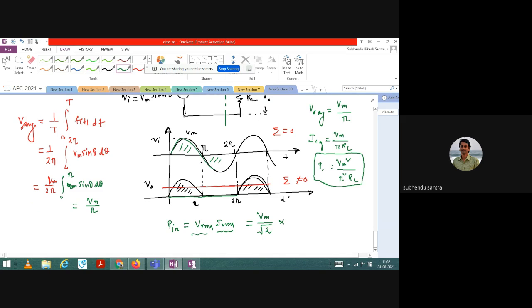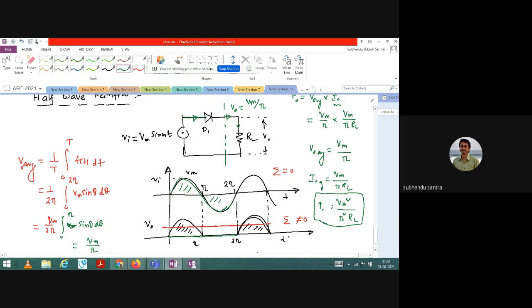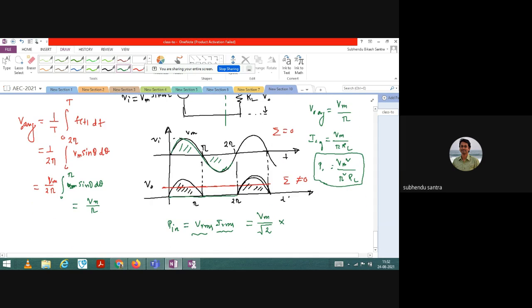What is the input current? Input current is the same as the output current when the diode is forward biased. When it is 0, then this current is basically 0. Understood? So let me draw it again.